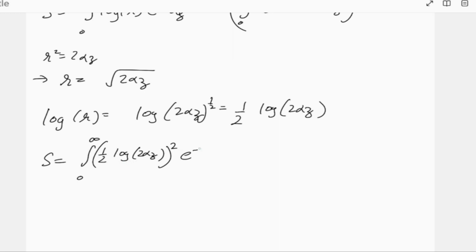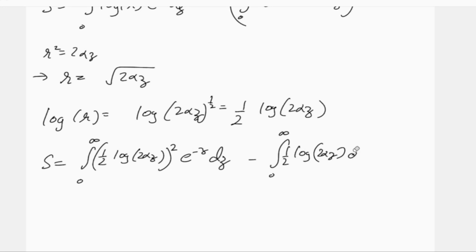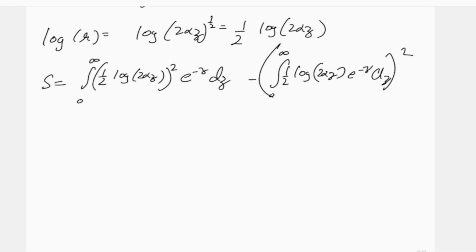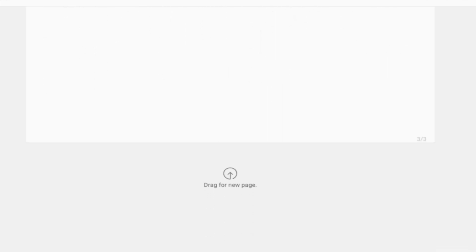This term squared e minus z dz, minus, log of half log 2 alpha z dz, this term whole squared. So is this gonna be a lengthy calculation from here on out? I'll go ahead and do that.